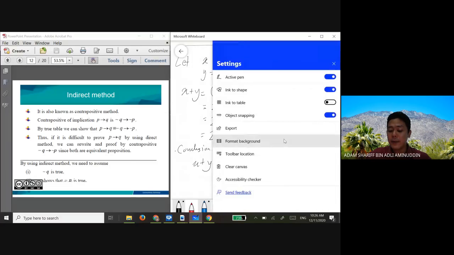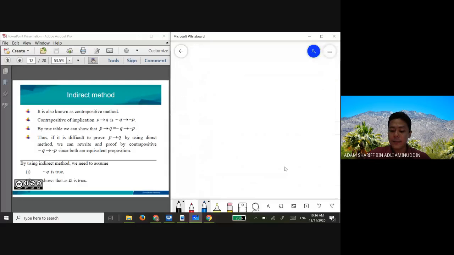A little bit introduction on indirect method, which is also known as a contrapositive method. Actually, this method is known as indirect because when we want to compare first with the modus ponens, okay, this is the original argument.